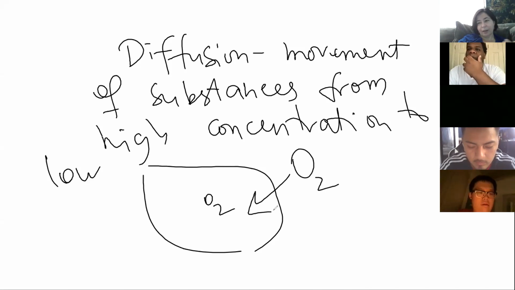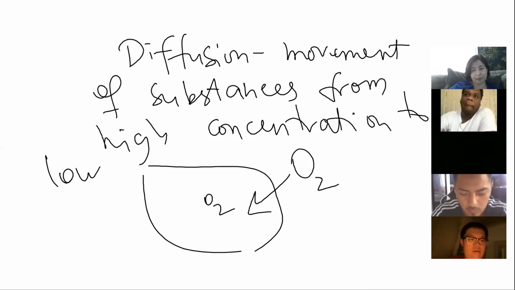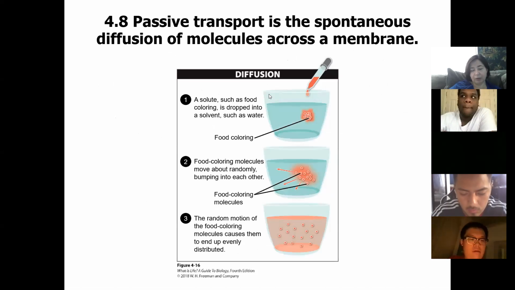Or not far from my house we have Nabisco, a building where they make cookies. Sometimes you step outside and you smell chocolate, cookie smell. So it's another example of diffusion. This is one of the easiest, I should say. You go from high to low. And this is an example of food coloring.